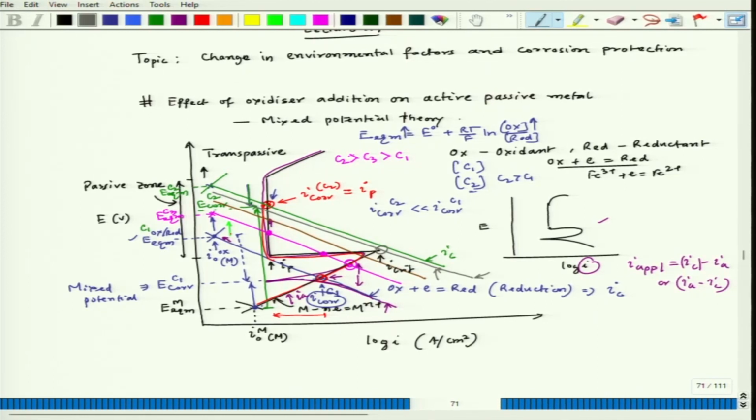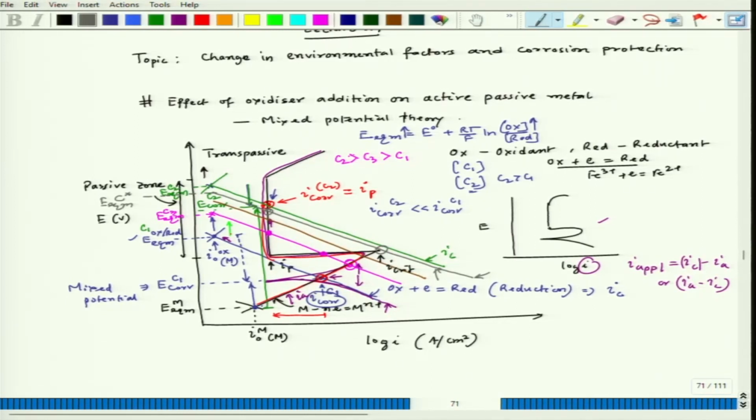So, that should be the critical concentration, let us say the concentration corresponding to that is C star, or E equilibrium C star. So, that is the critical concentration where I would be able to just cross the I critical, so that it can achieve stable passivity and reach the passive zone, and then the corresponding current density for the corrosion rate will be I passive again.